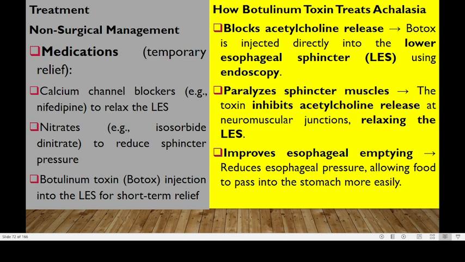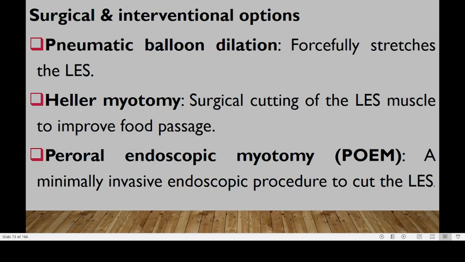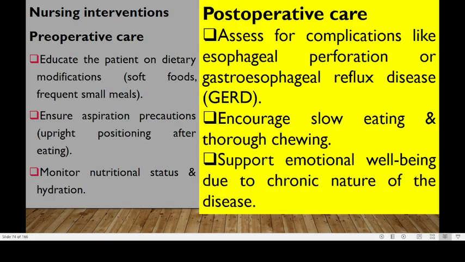This will help paralyze the sphincter muscle by inhibiting acetylcholine release at the neuromuscular junction, relaxing the lower esophageal sphincter. We could do pneumatic balloon dilation, which forcefully stretches the lower esophageal sphincter. In terms of nursing intervention, you educate the patient on dietary modification, ensure aspiration precautions, and monitor nutritional status and hydration.